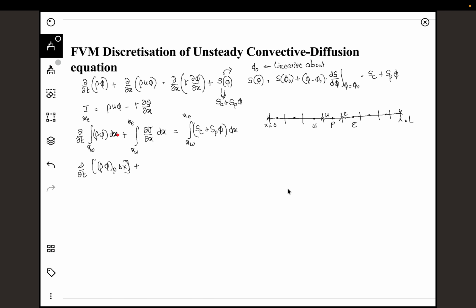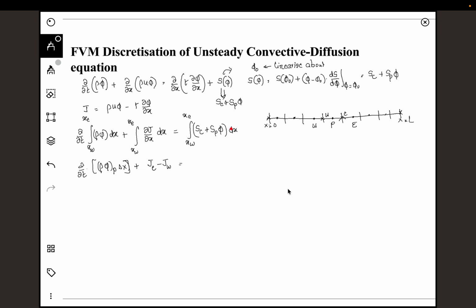There will be a volume integral, so there will be some area term coming into the picture. If you do the integration, this will be J at the east face minus the west face. I'm assuming that all of these control volumes have the same cross-section area, so there is no area term. Otherwise, when we do the volume integral, I would have an area term here. If area is a function of x, then you have to consider the areas also, which I'm removing here for the sake of brevity.